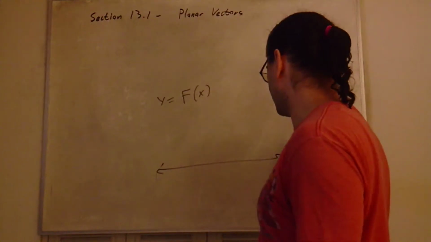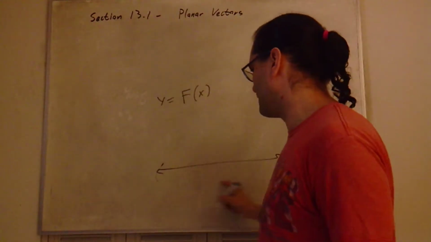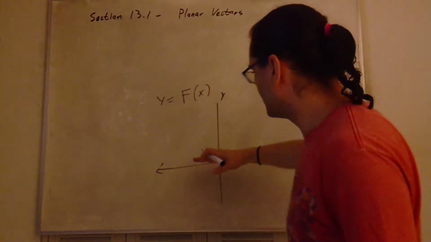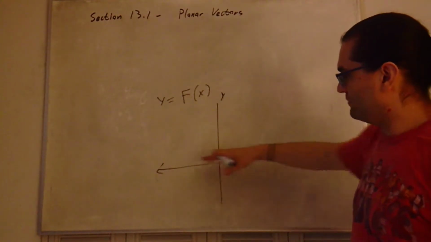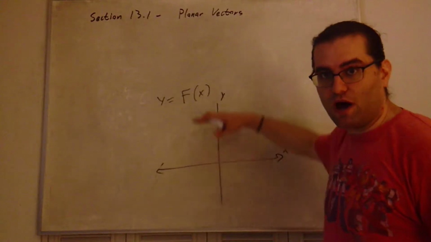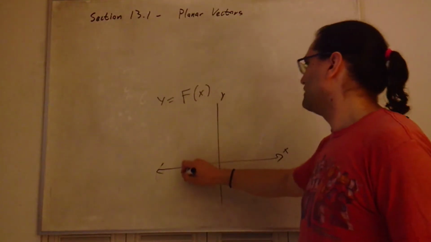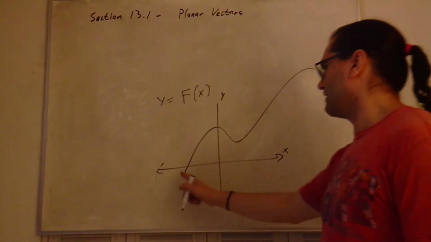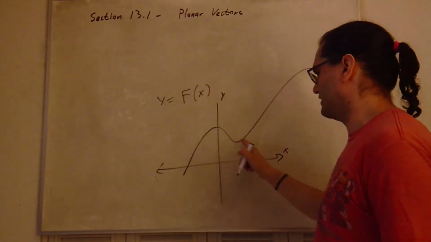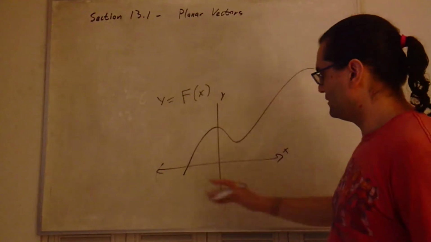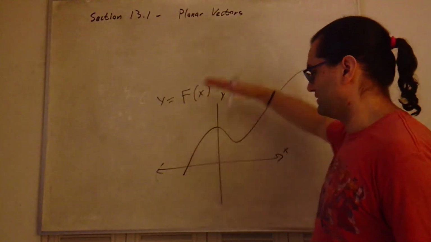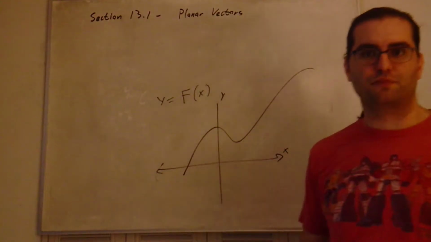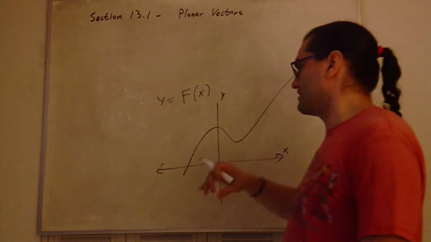On the x-axis, you get to choose whatever you want, and your function based on that will determine a height above or below the x-axis on the y-axis, and when you connect all the dots, you get some curve. Because every single one of these x values is going to give you a y value. So y is your dependent, x is your independent relationship in 2 dimensions that gives you a curve.